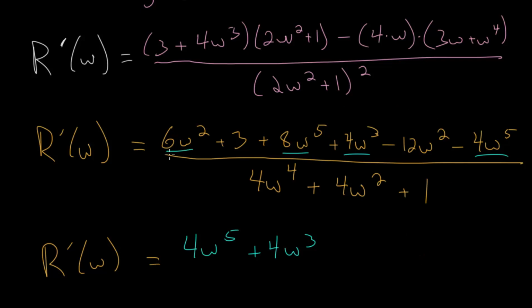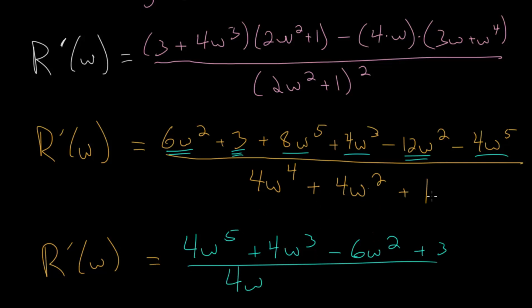And we have quadratic terms here, 6w squared minus 12w squared. That's just minus 6w squared. We have one constant term, so we'll add 3 at the end. Our denominator remains the same since it's already written in simplified form. So 4w to the 4th plus 4w squared plus 1.